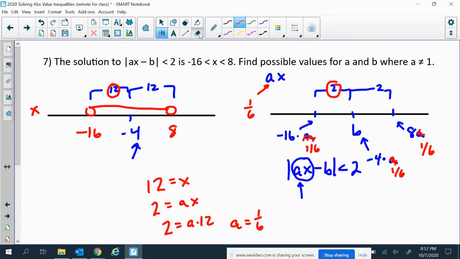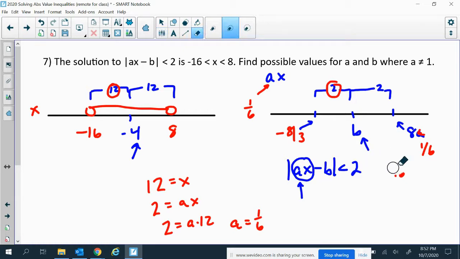And now I can just multiply them together and figure out what happens. So negative 16 times 1/6 is negative 8/3. Negative 4 times 1/6 is negative 2/3. And 8 times 1/6 is 4/3.